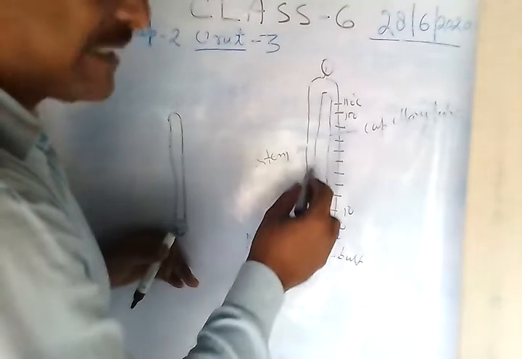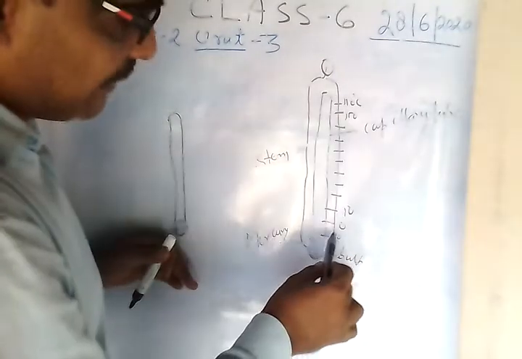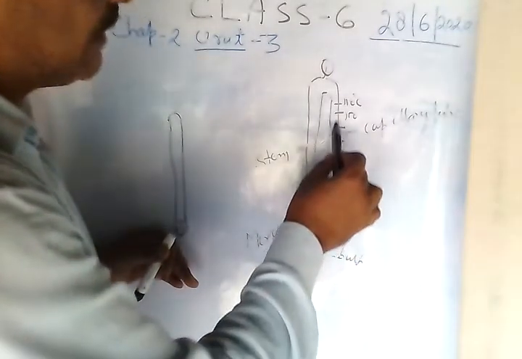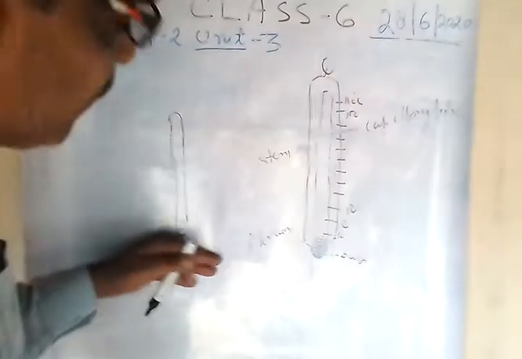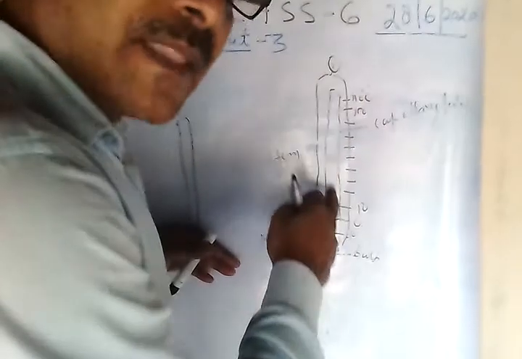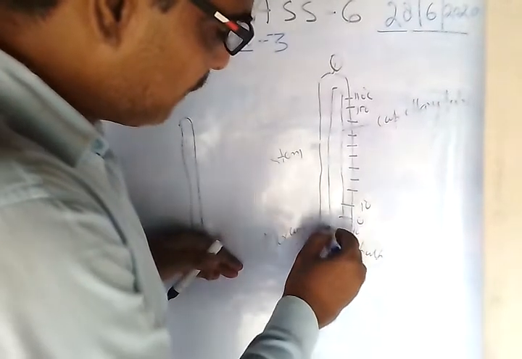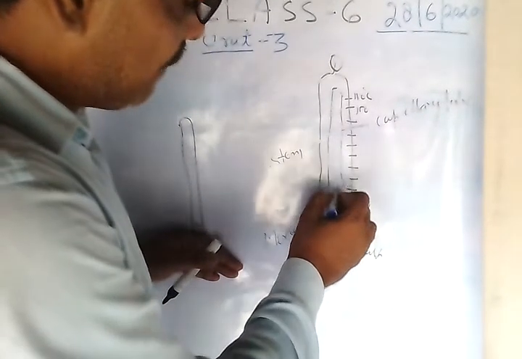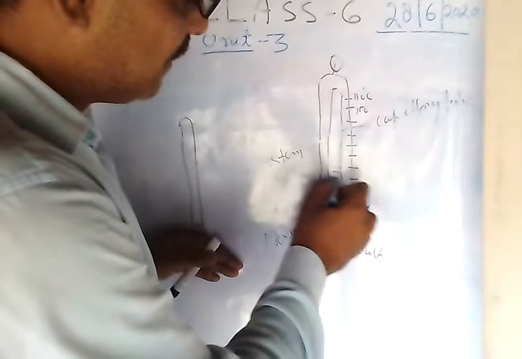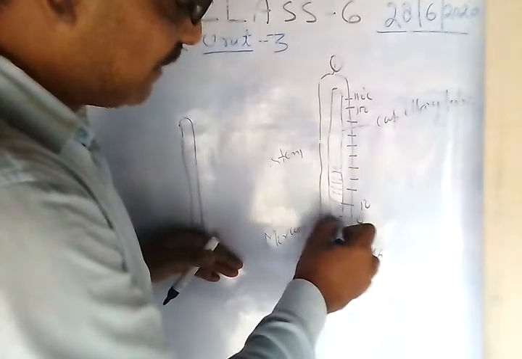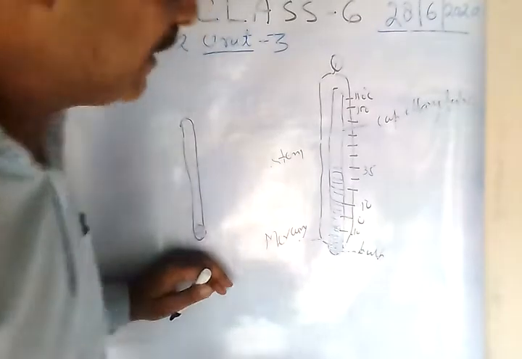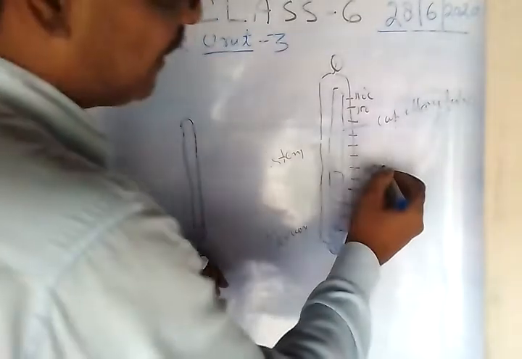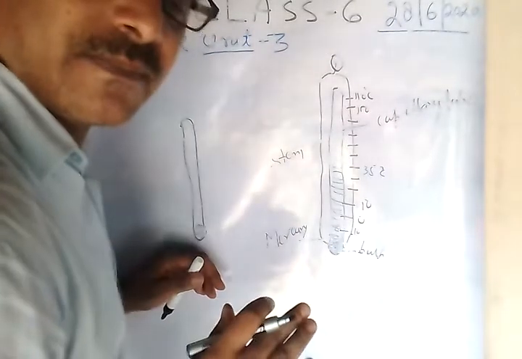On the stem there is a scale. Suppose the mercury expands and reaches 35, then the temperature is 35 degrees centigrade.